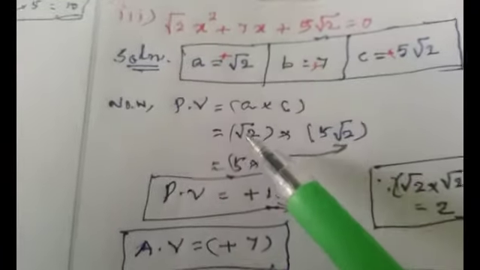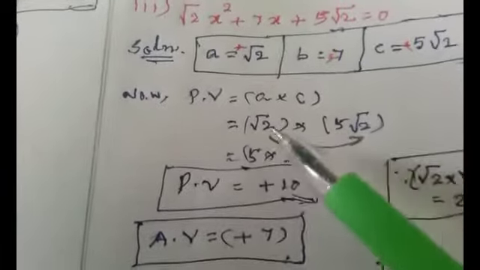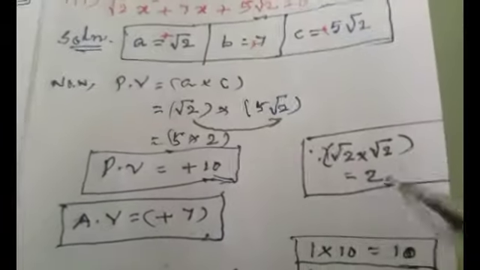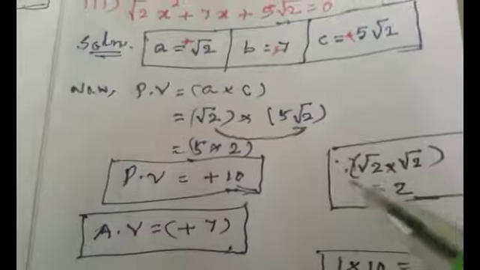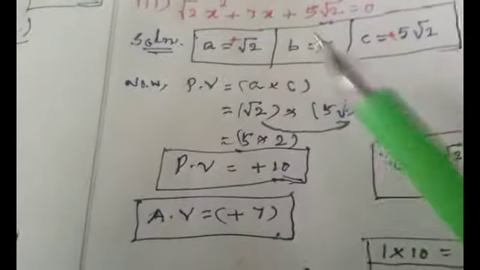So it is root 2 into 5 root 2. 5 will remain as it is, and root 2 into root 2 will be 2. This we know already, in 9th standard we have learned. Now the product value is equal to plus 10. The addition value is equal to plus 7, because of the value of b.